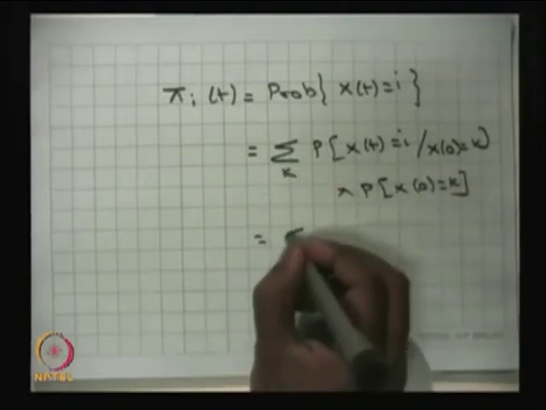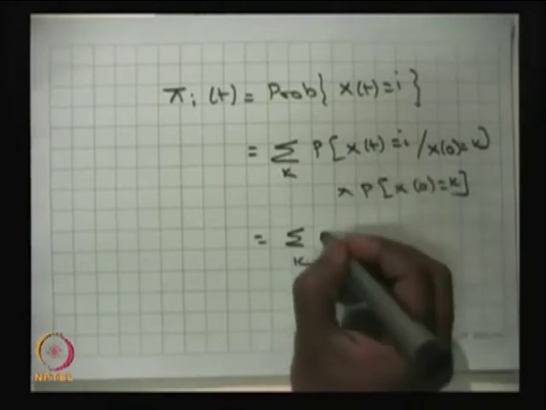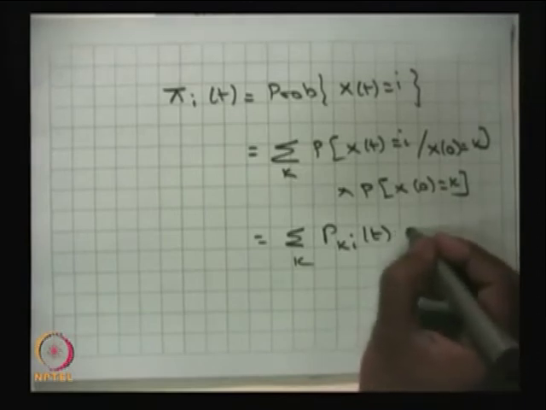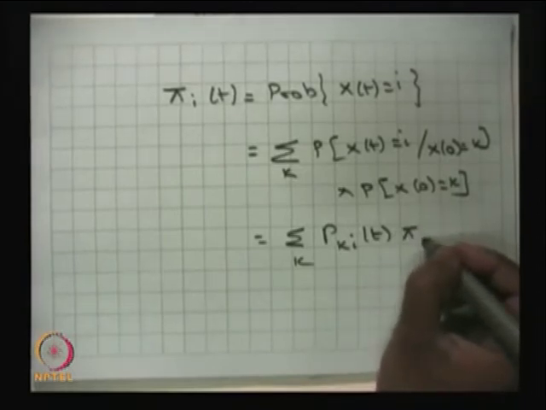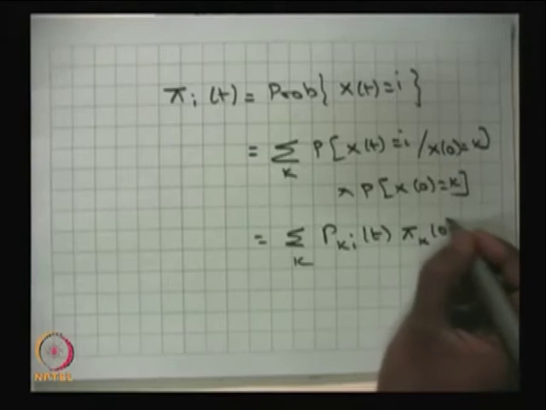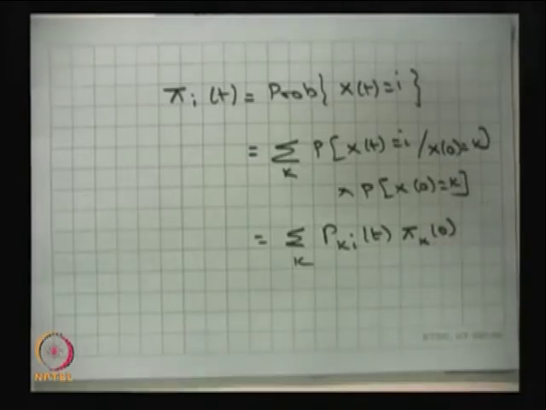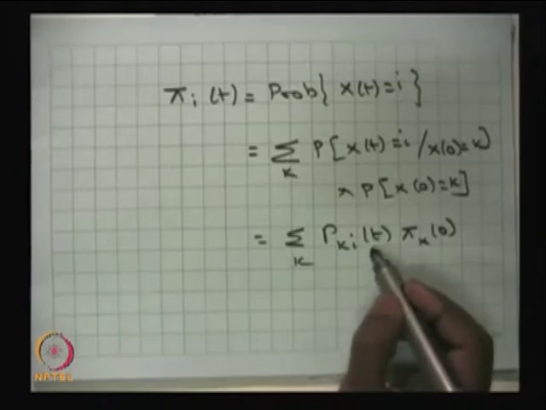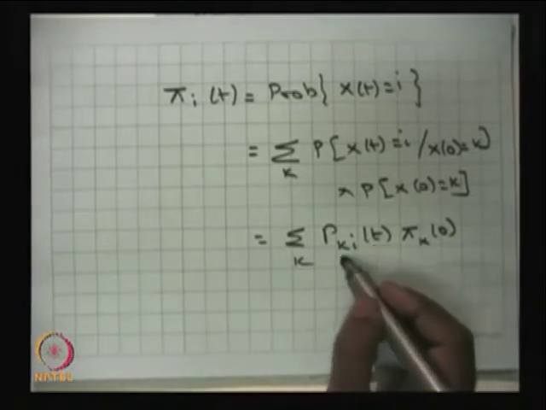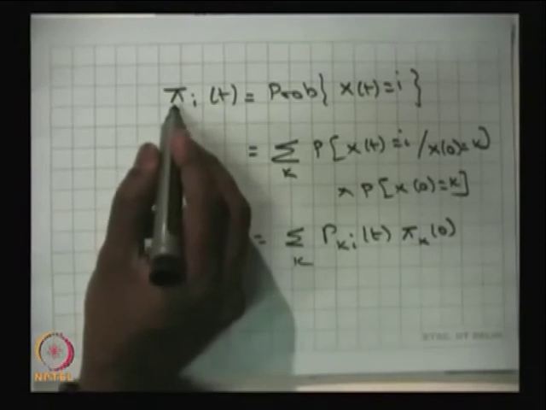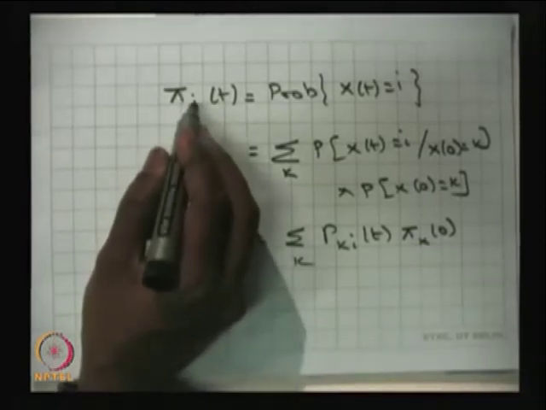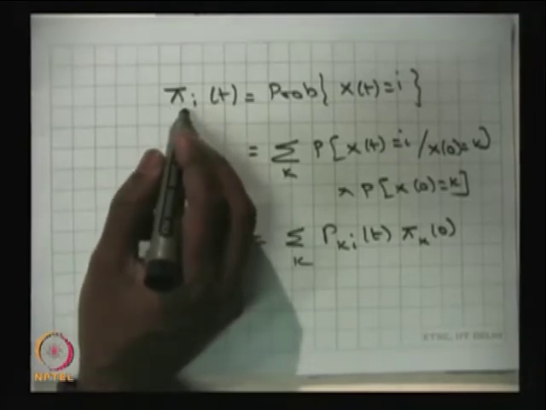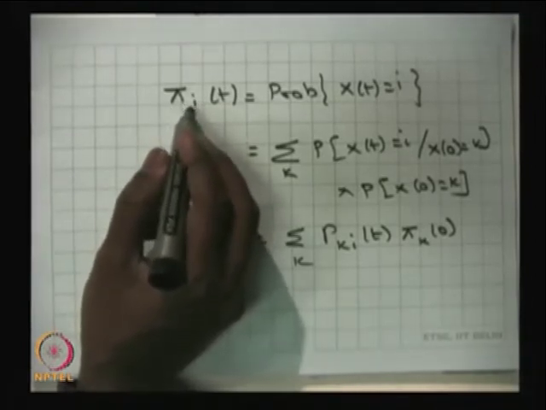That is nothing but the summation over k of the transition probability times the initial probability vector element. So, using p k i of t or p i j of t, which is a conditional probability, one can get the unconditional probability. This is nothing but the distribution of X of t. So, this is a probability mass function, the probability mass at state i.